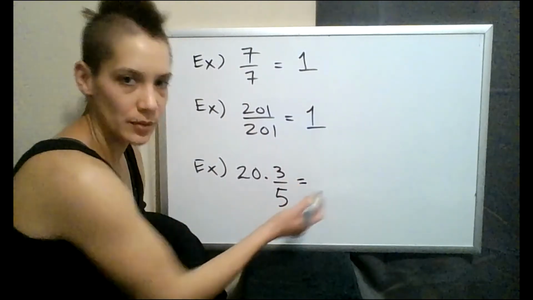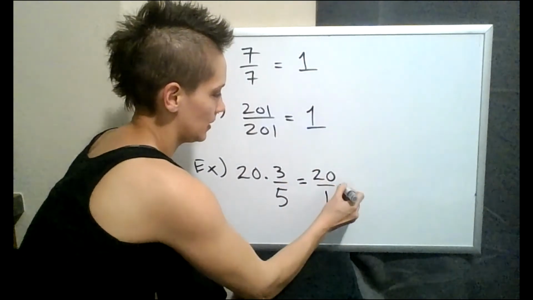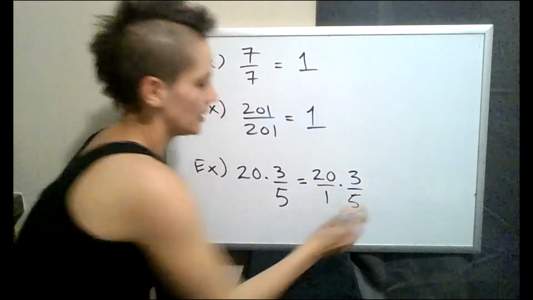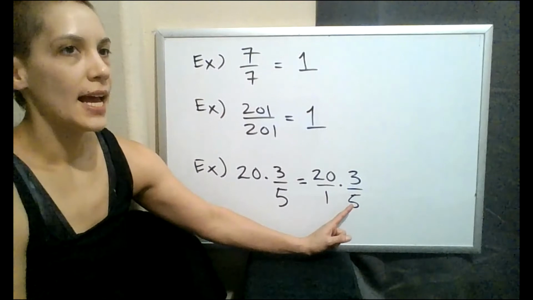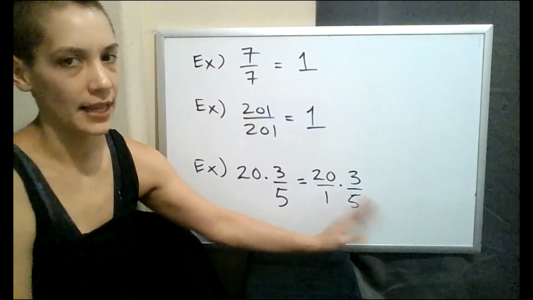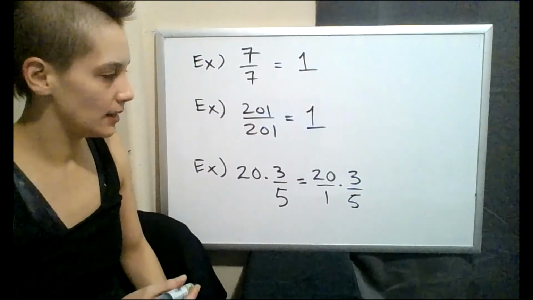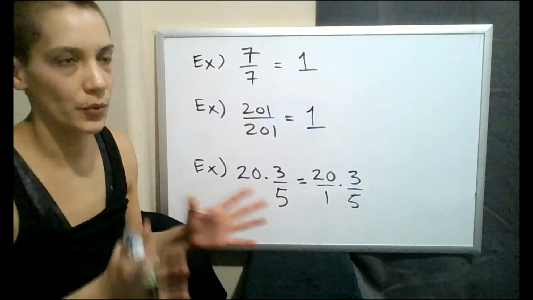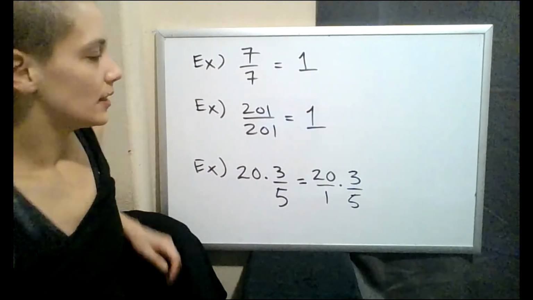So if it helps, which it helps me, 20 over 1 times 3 over 5. That way I know it's 20 times 3 over 1 times 5. And I could go ahead and just multiply across numerators, multiply my denominators, and then factor. But I like to factor and then multiply remaining factors after I reduce common factors.